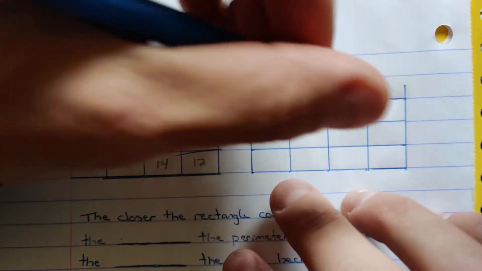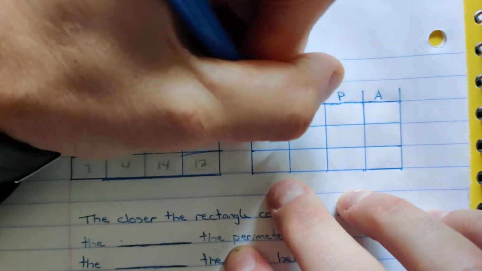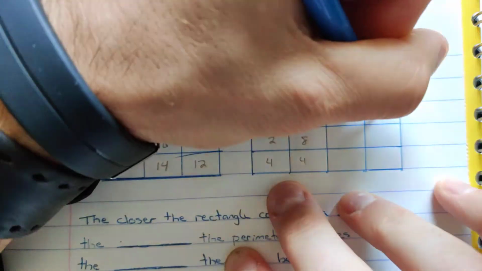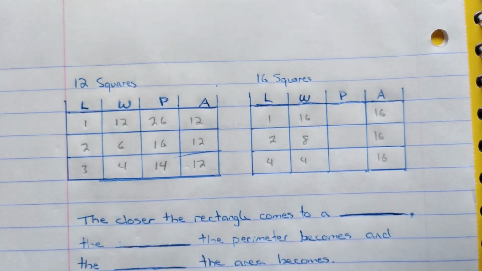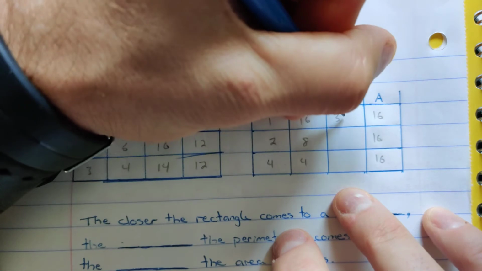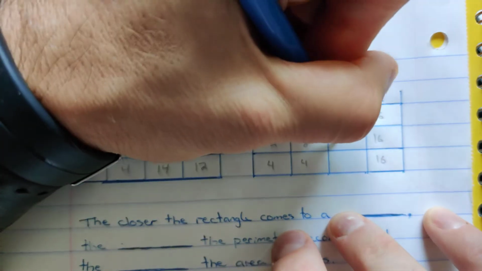If we do the 16 squares, we're going to get 1 by 16, 2 by 8, and the 4 by 4. Again, our areas are all going to be 16 because we had 16 squares, but our perimeters are going to change. Perimeter of 1 by 16 is 34.